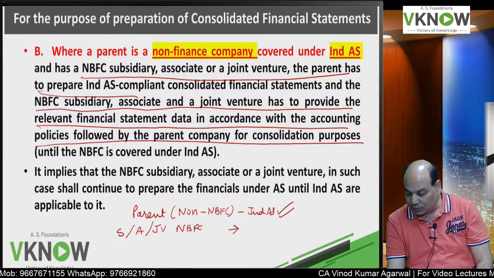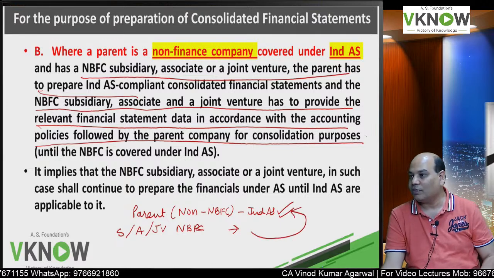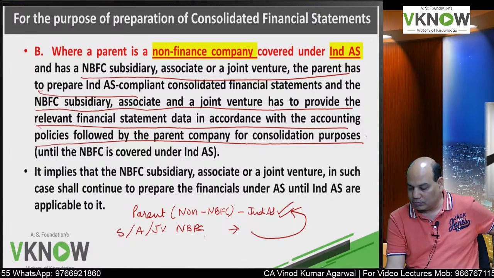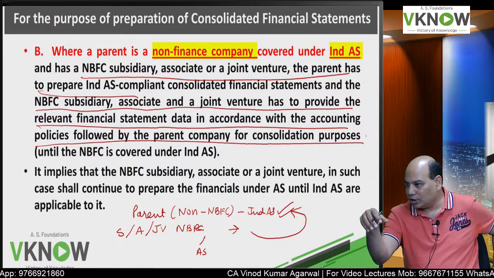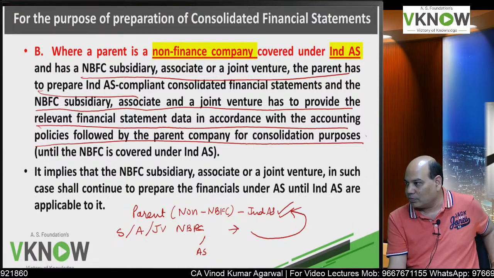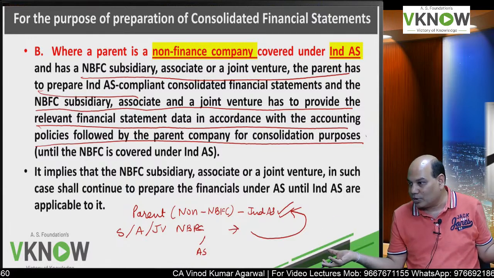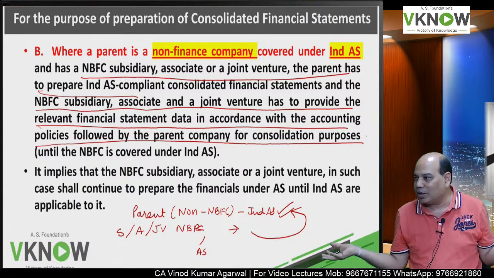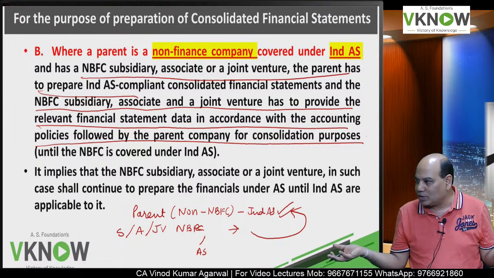So this NBFC will have to prepare two sets of financial statement now. One as per accounting standard for their own purpose, because they are not yet covered by the roadmap. If they are also covered by roadmap, then there is no problem. If both are covered by Ind AS, then where is the problem?